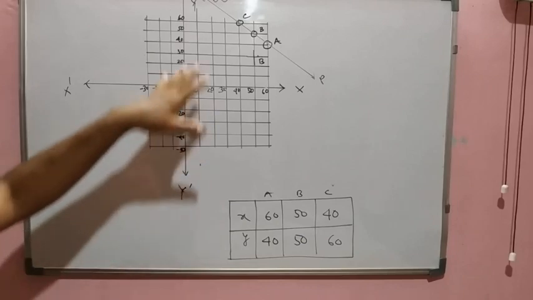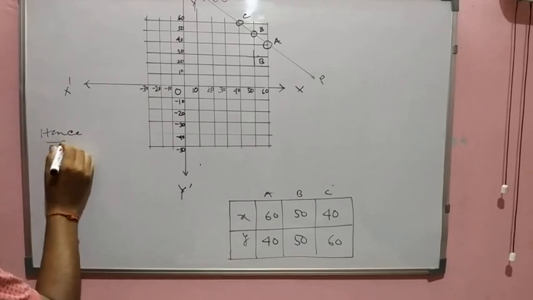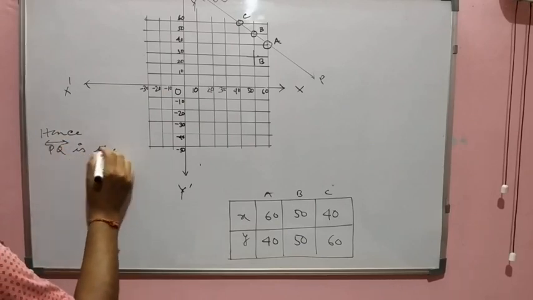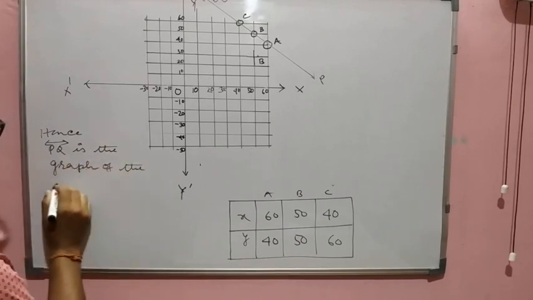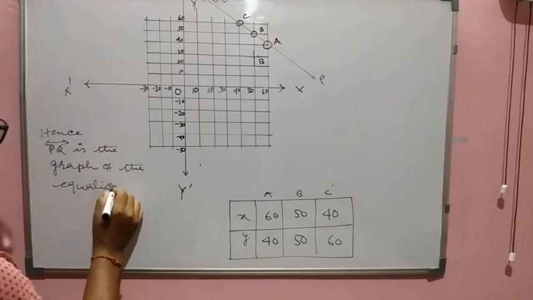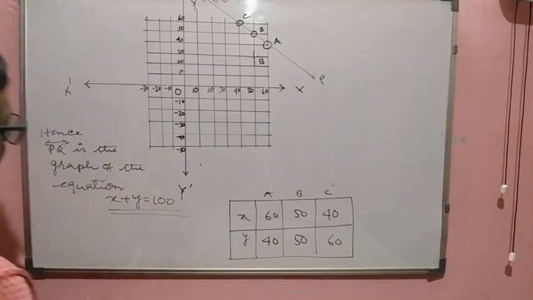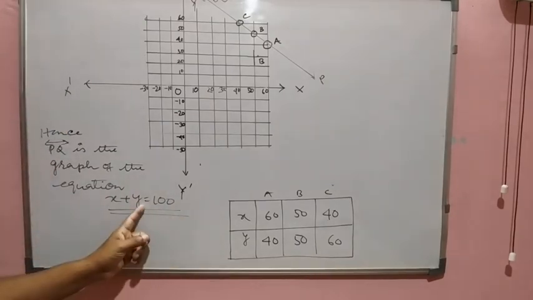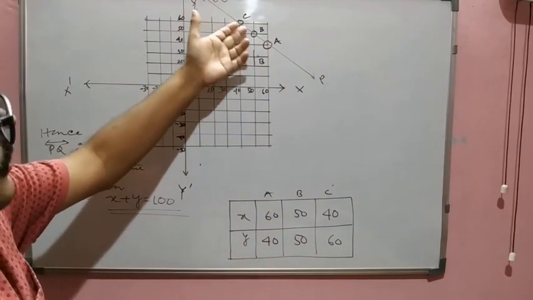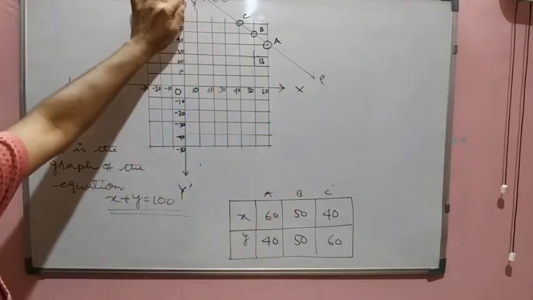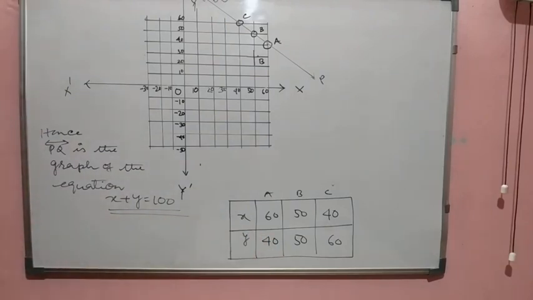Hence PQ is the graph of the equation x plus y equals 100. For this equation, these are the solutions. When we plot these solutions, we get three points A, B, C, and all these points are collinear. Joining them, we get a straight line PQ.